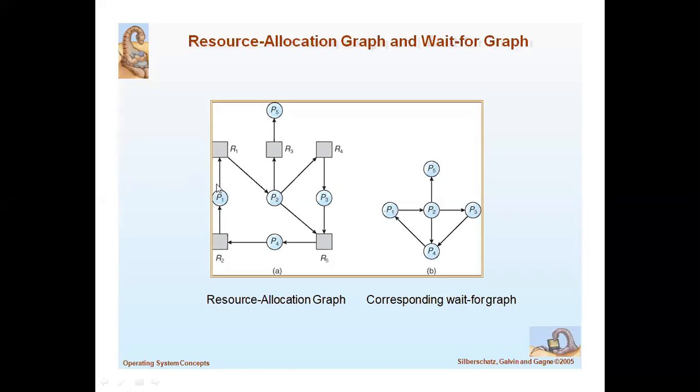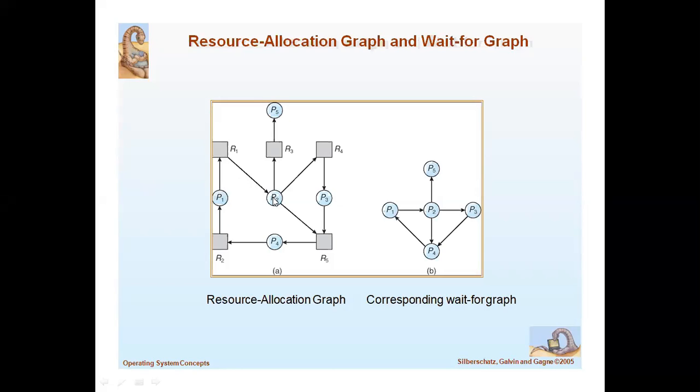So P1 is waiting for R1, but R1 is held by P2. How long will P1 wait? Until P2 releases that resource. That means we directly give the connection: P1 to P2.